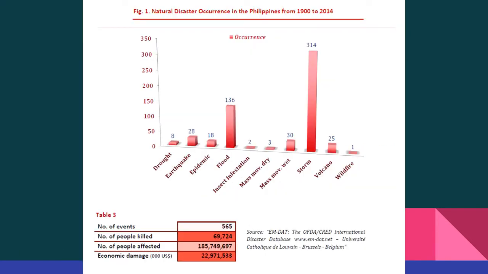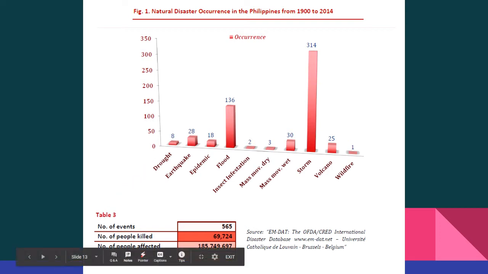Now, this table shows us the natural disaster occurrence in the Philippines from 1900 to 2014. Most of those natural disasters are hydrometeorological in nature. So we have here flood and storm. Okay, and then others you have your volcanic eruption, earthquake.